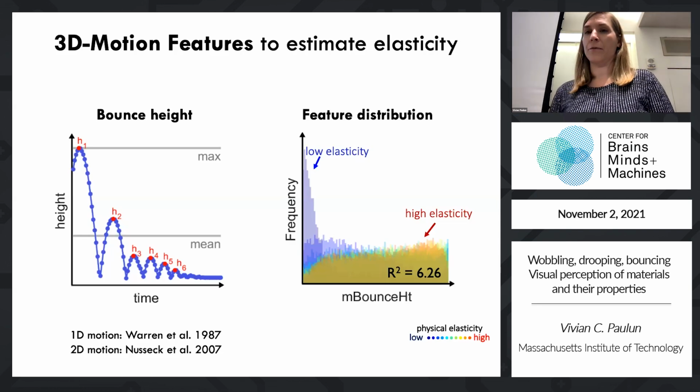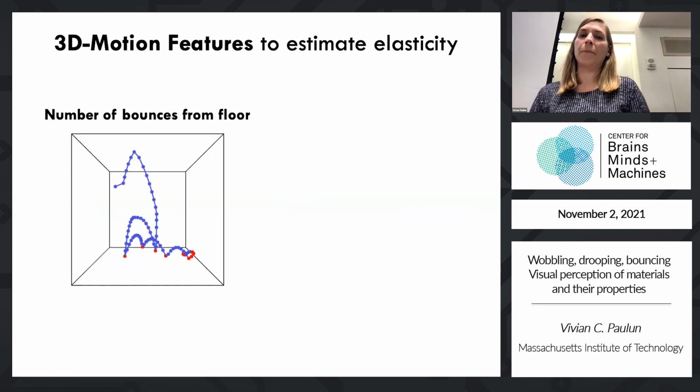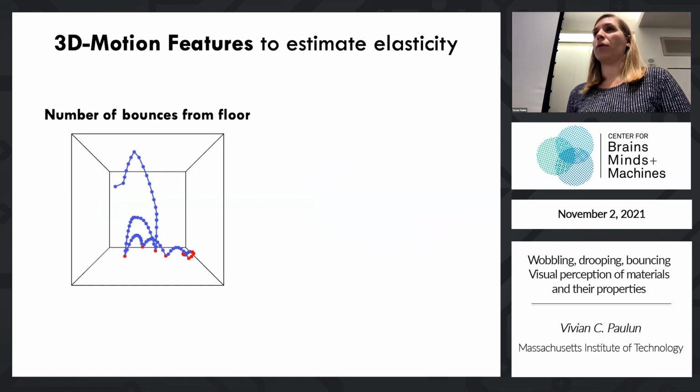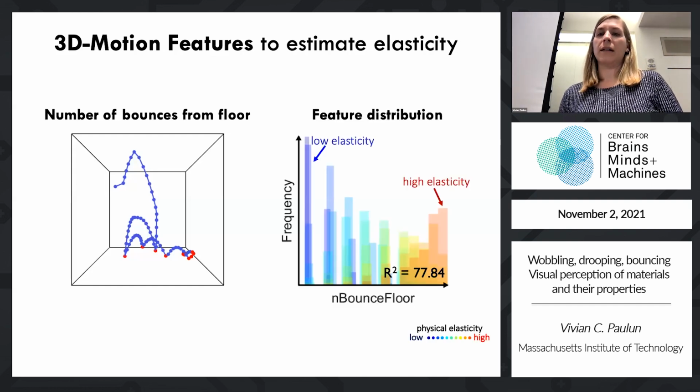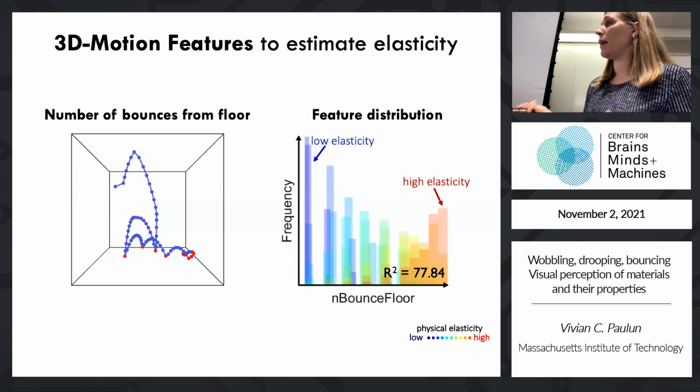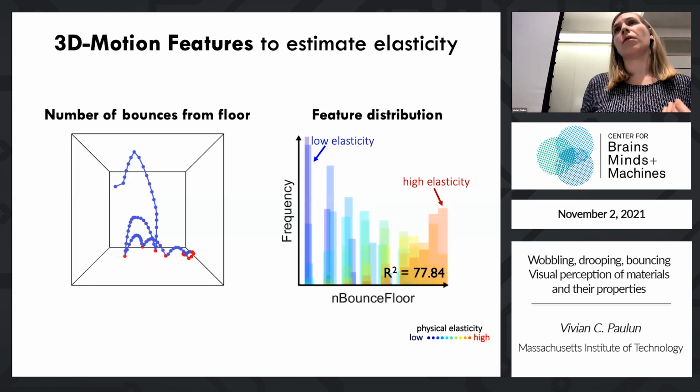So let's look at another feature. A straightforward strategy for observers would be to just sit there and count the number of bounces off the floor. The more elastic the object is, the more often it's going to bounce on average. And we can count the number of bounces for each trajectory. This is represented in the red dots here. And then again, we can do this for all 100,000 and see how this feature is distributed over the larger range of elasticities.